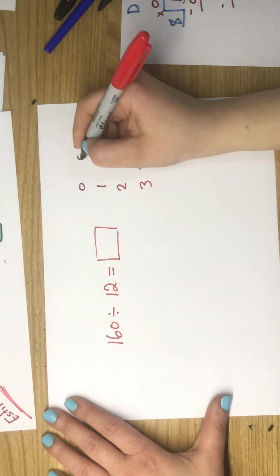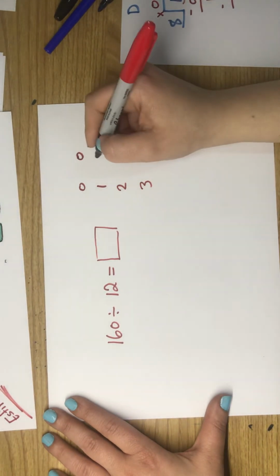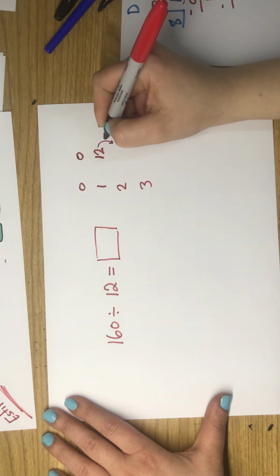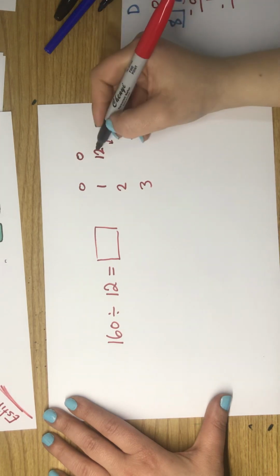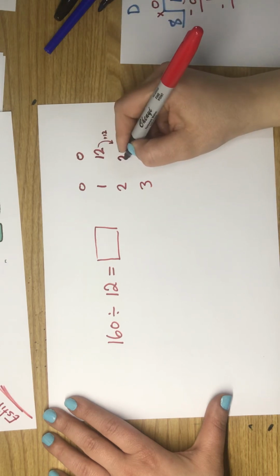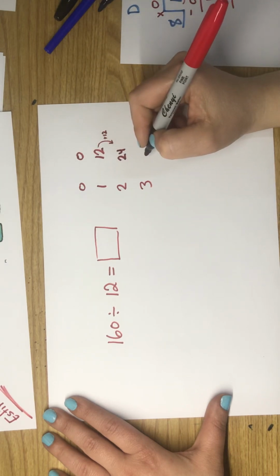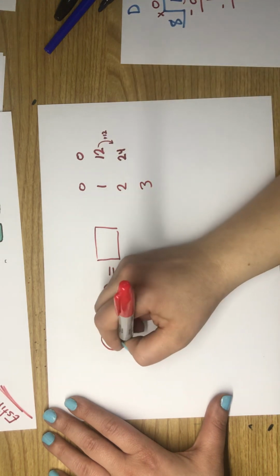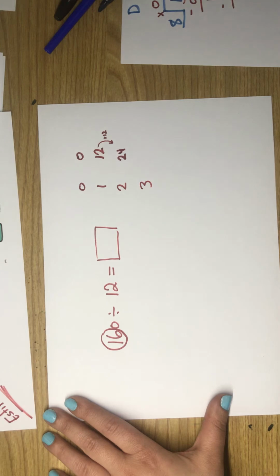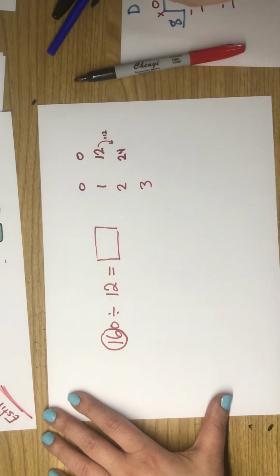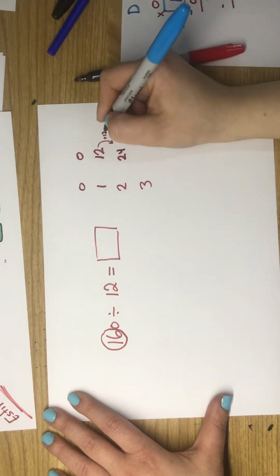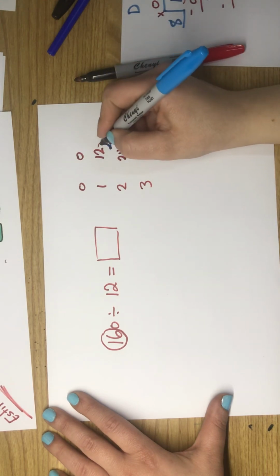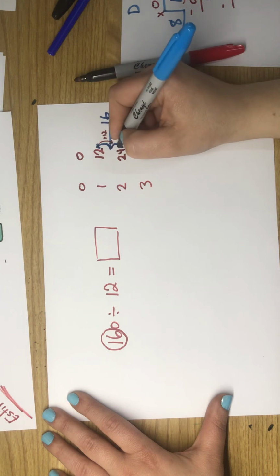0 times 12, 0. 12 times 1, 12. Though you can go by adding 12s. 12 plus 12 equals 24. I'm going to stop because the 16 needs to be rounded. The 16 is between the 12 and the 24. Is 16 closer to 12 or to 24?